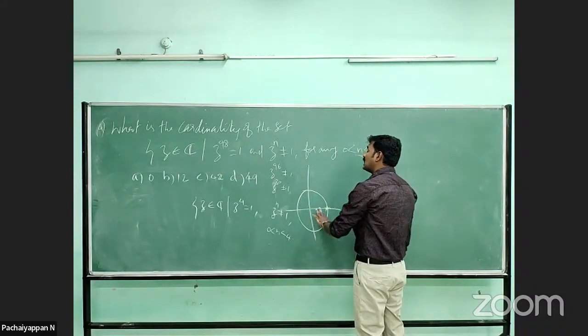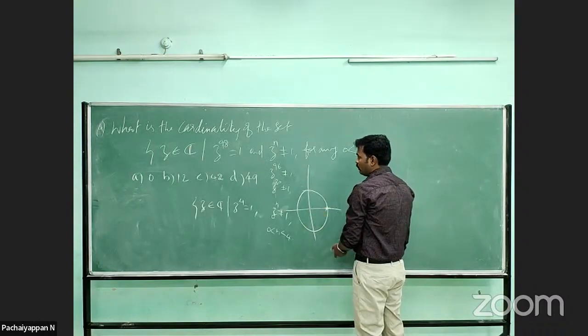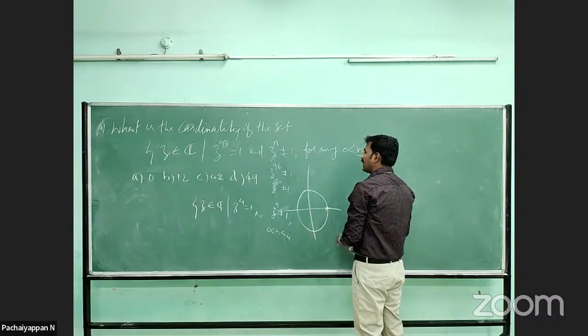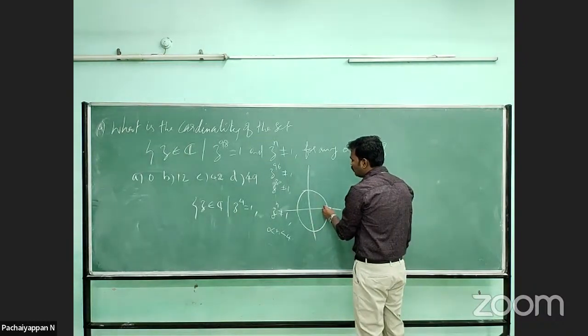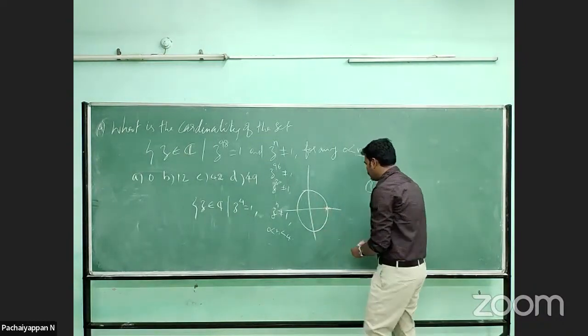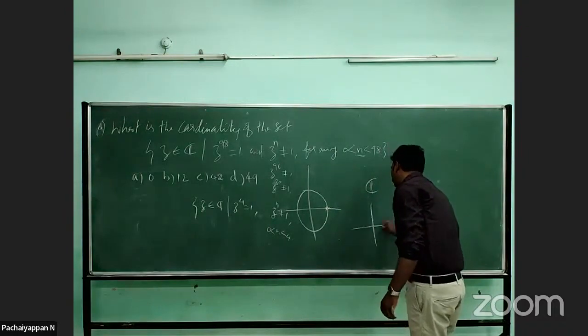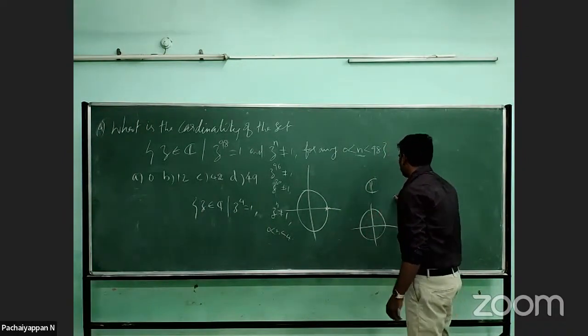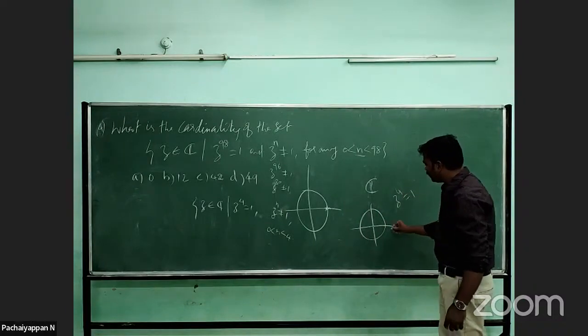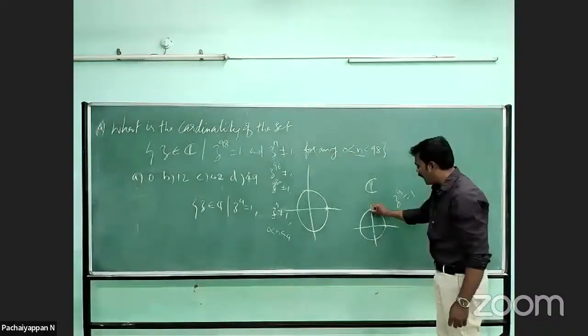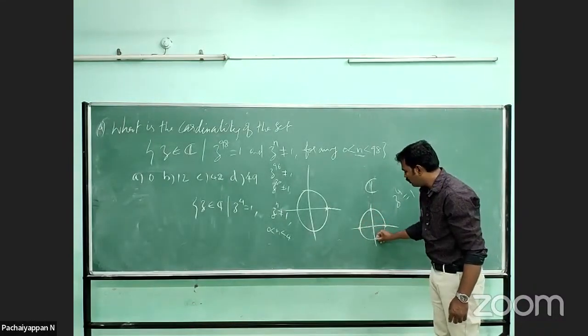Fine. And also, they are not collecting all the 98th roots of unity. Let me try to draw here. Suppose the 4th roots of unity. Where will they be lying? 1, i, minus 1, minus i.